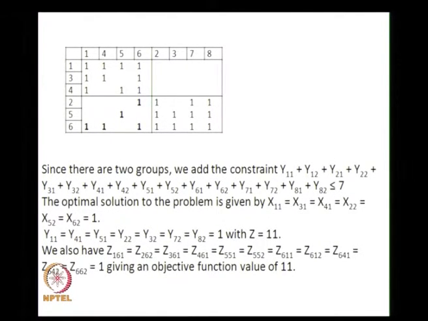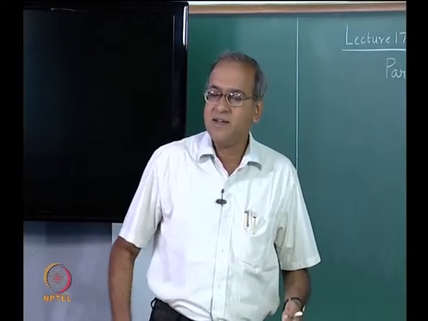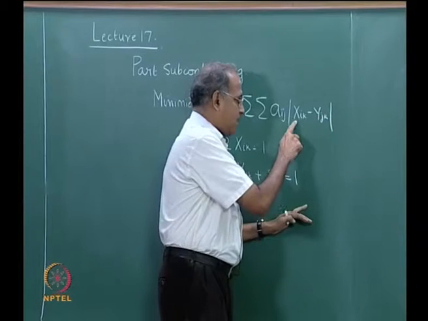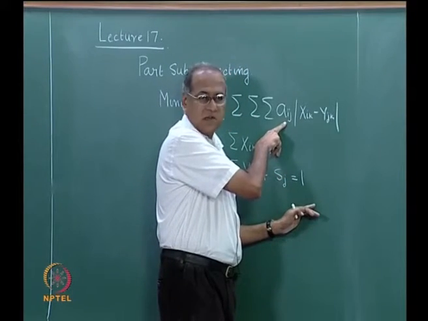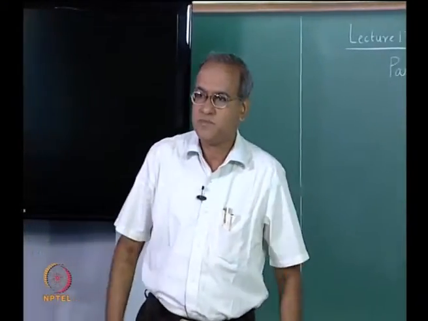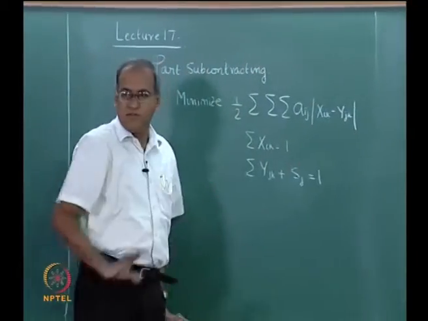So, ordinarily it will not allow all parts to be subcontracted, because this solution with 5 intercell moves is a better solution than saying all parts are subcontracted, and therefore, we will have that many intercell moves as the number of 1s, because if all parts are subcontracted, all these are 0, but all these x i k's will have to take a value 1 somewhere, and these a i j's take value 1 at the relevant places. So, this will throw up a whole lot of intercell moves. So, in a way it is good that we have the formulation this way, and this should be enough.